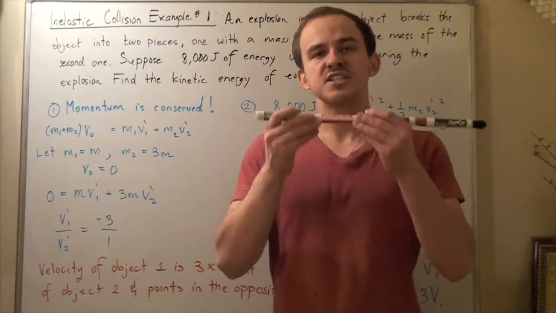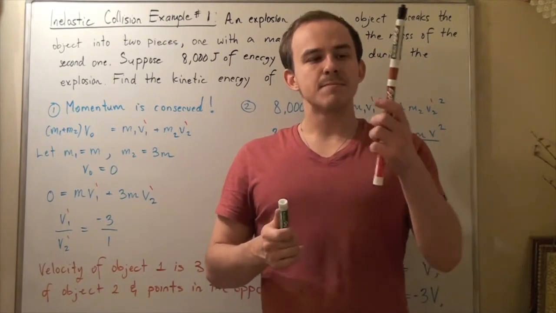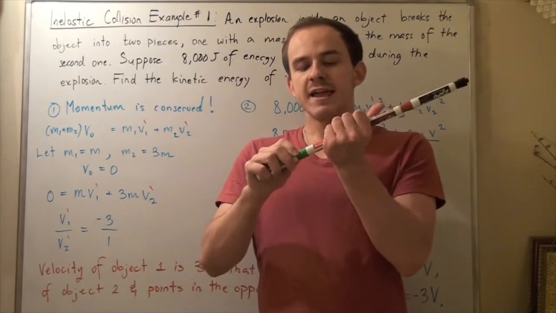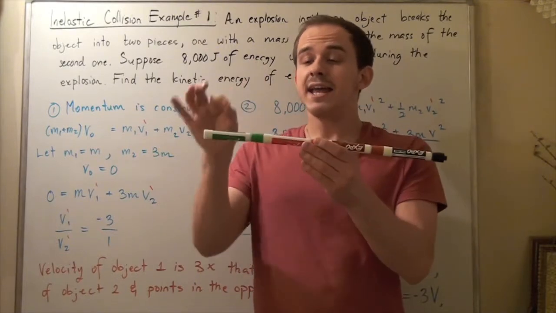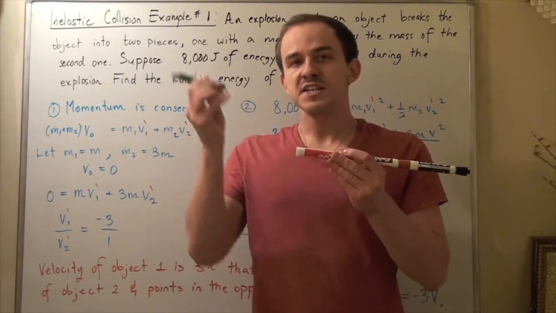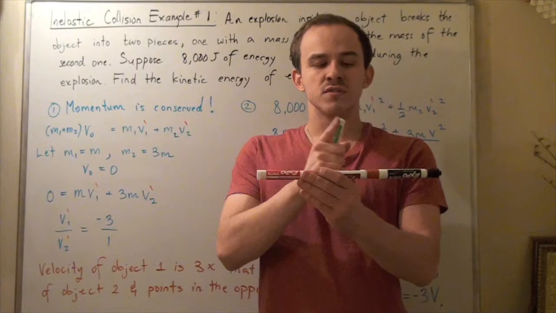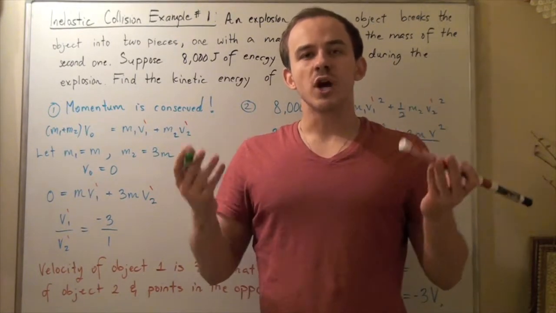So the object splits in such a way that one of the pieces has a mass of 3 times as much as the second piece. So if this object is composed of 4 markers, like it is, and each marker is composed of mass m, that means this piece has a mass of m, and this piece, since it's composed of 3 markers, has a mass of 3m.